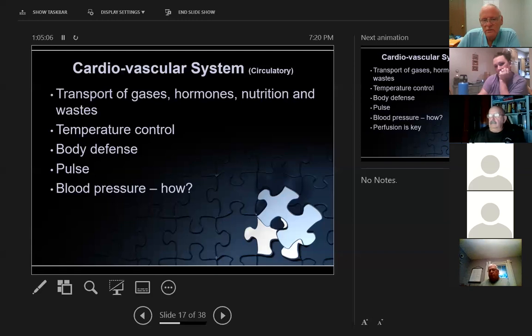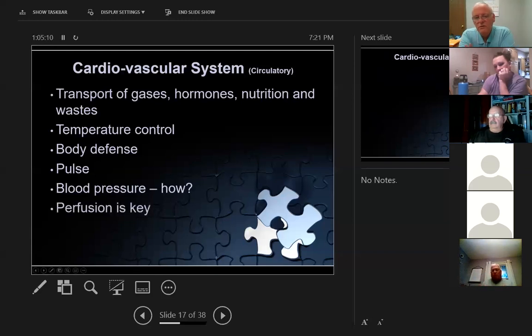The whole key here is something we call perfusion. Perfusion is a word you need to know. Perfusion is the constant flow of oxygenated blood to all parts of the body, in a nutshell. That has to happen.